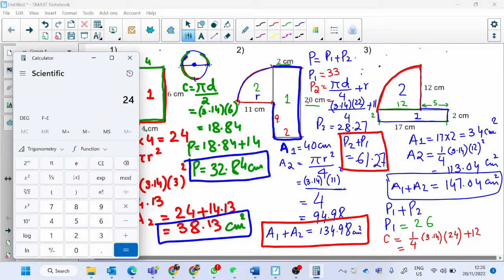So 24 times 3.14 gives us 75.36, and we divide this by 4. This gives us 18.84, and then we add 12.